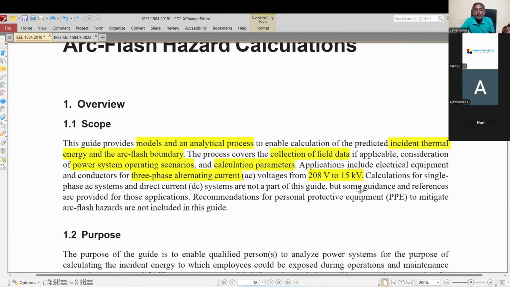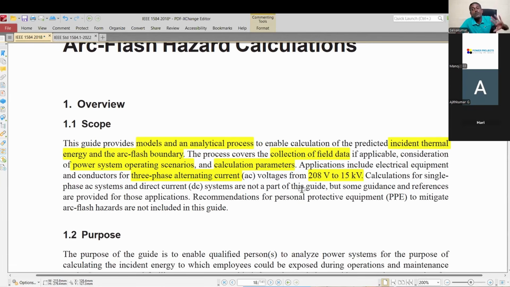Many people think that it means there is no arc flash study needed for more than 15 kV, less than 208 volt, a DC system or a single-phase system. The answer is no. This IEEE 1584 is applicable only for a three-phase AC system between 208 volt to 15 kV. So a single-phase AC system or a DC system is not part of this guide.